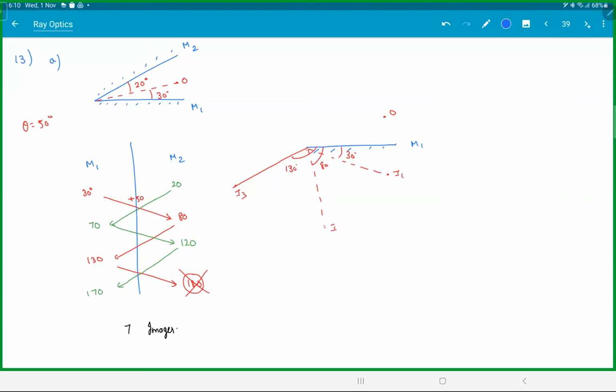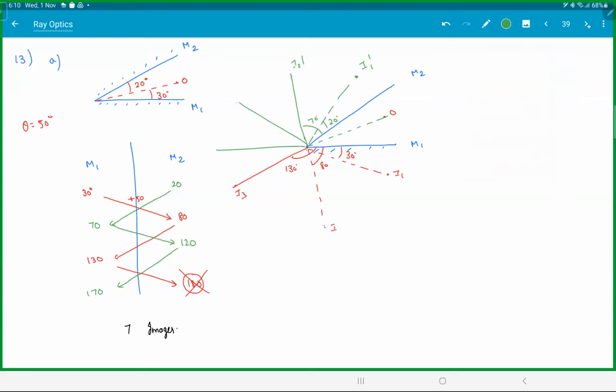Similarly, if you take M2, this is the image here. Let's call it I1 dash, that is the 20 degree one. So 20 from there, and then 70, meaning from here you have to take 70. Then 120, 170.